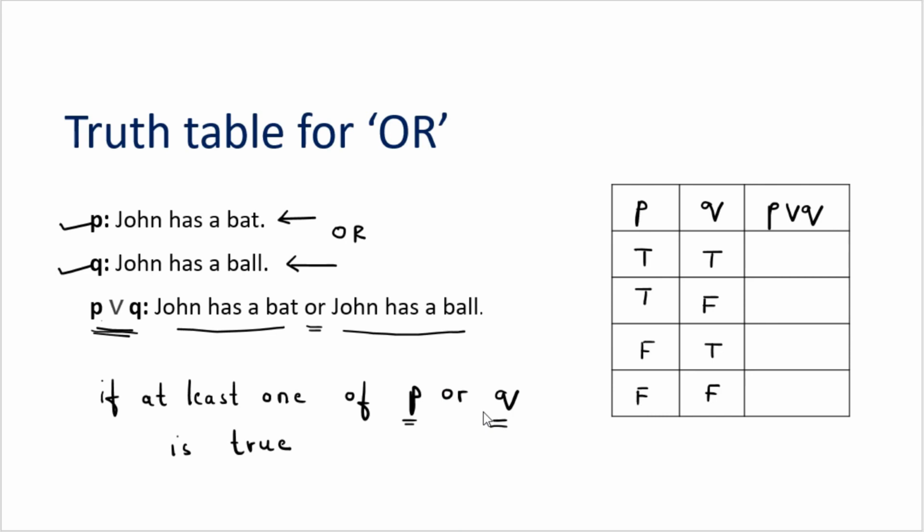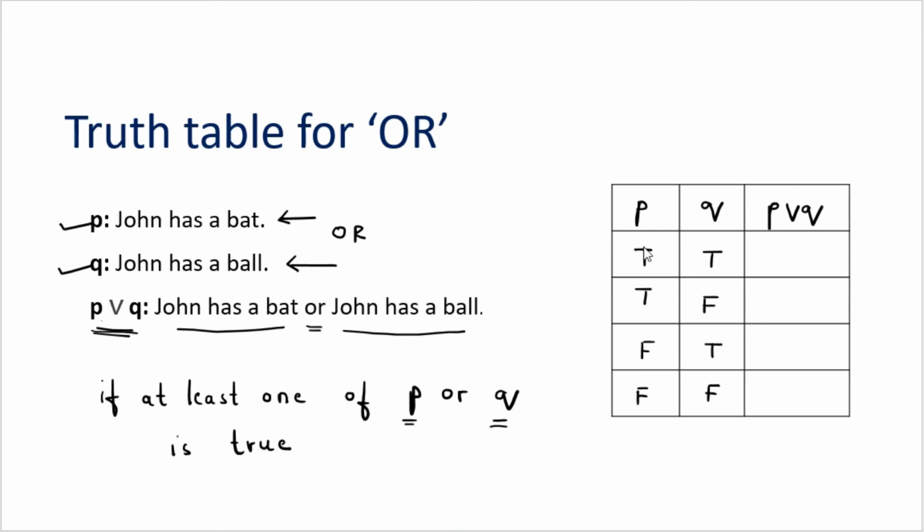Notice if both of them are false, that means John does not have a bat and John does not have a ball, then the statement John has a bat or John has a ball is false. So if both P and Q are false, then the statement P or Q will be false.